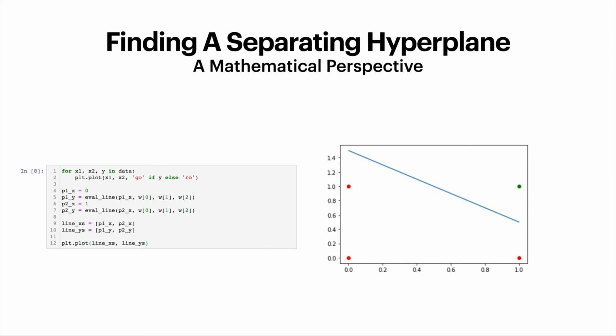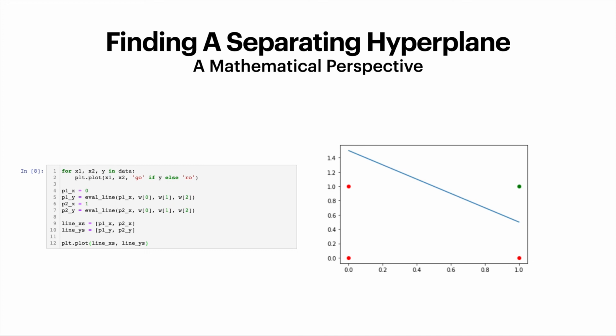Notice that I'm plotting the possible inputs to the AND gate here: 0, 0, 0, 1, 1, 1, and 1, 0. One more thing to note is that if the AND gate returns a 1, then I color it green.